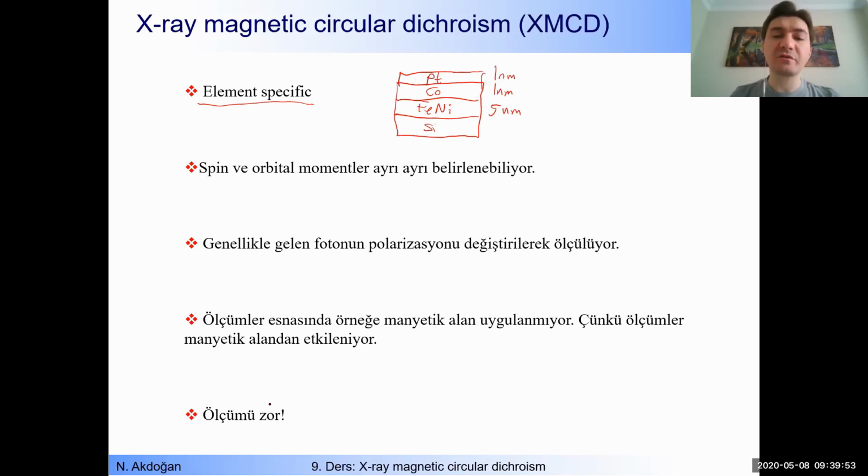I will also talk about this one. And I can say that compared to the XRMS experiments, XMCD is harder, let's say. It is not so easy to get good signals, especially from some special samples. So sometimes special sample preparation conditions are also required in XMCD measurements.